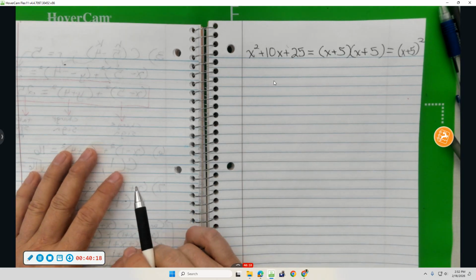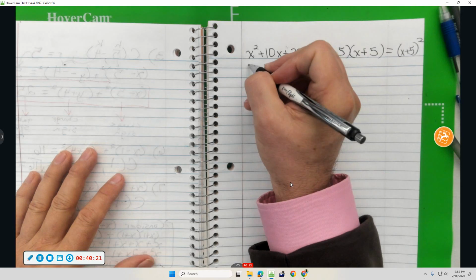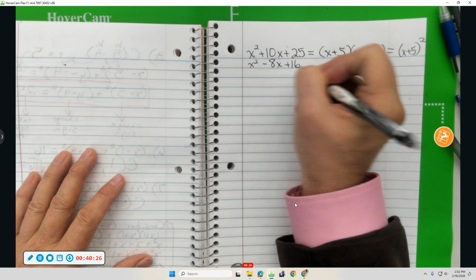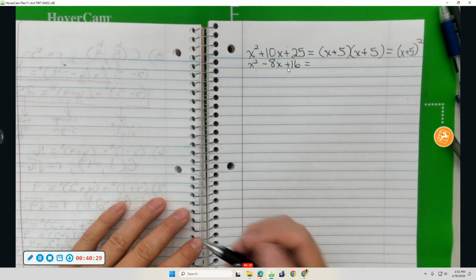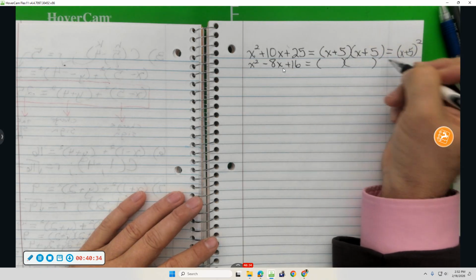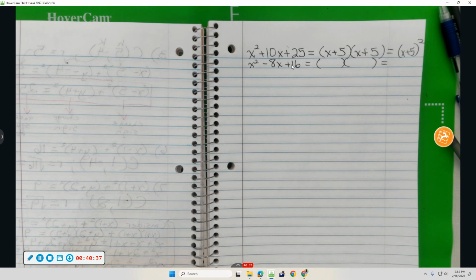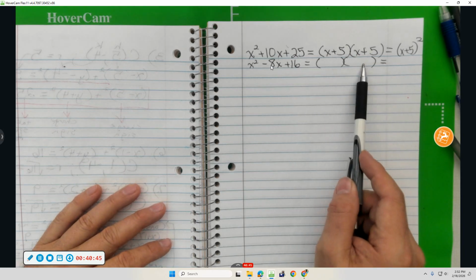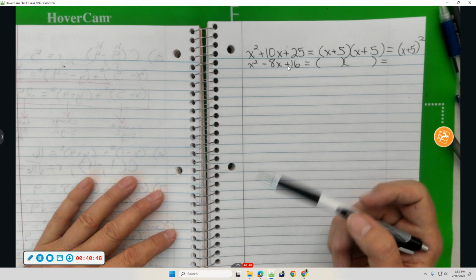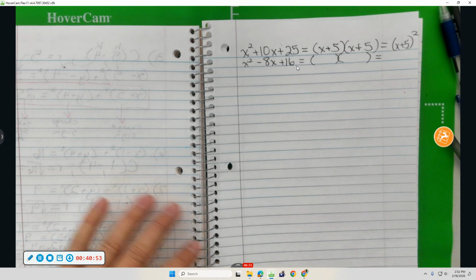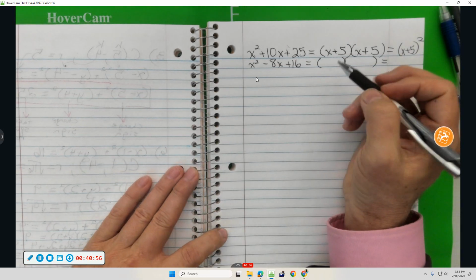Here's another example of a perfect square trinomial. X squared minus 8x plus 16. Observation: in order to get the exact same thing in both sets of parentheses, this second sign must be positive. If it had been a minus, then it would be a plus and a minus, and you wouldn't have the same thing inside the parentheses. So a perfect square trinomial must end with plus a perfect square. Okay. Let's factor this.